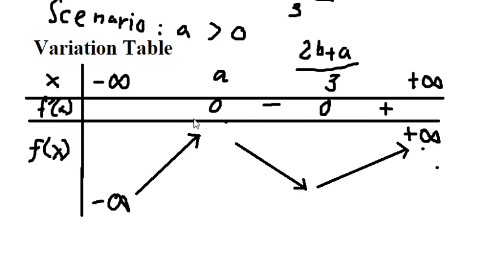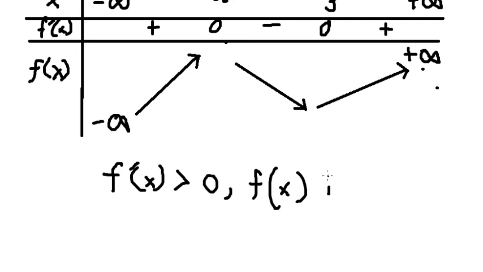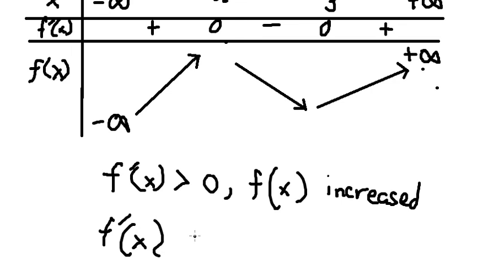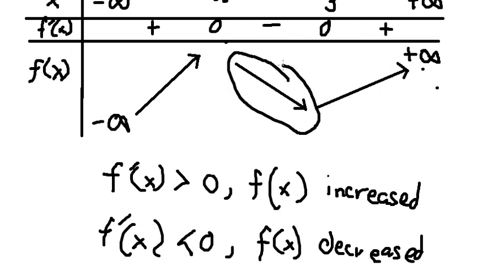This one, we have positive, because the derivative of the function is greater than number 0, so the function here should be increasing. When the derivative of the function is negative, the function here should be decreasing. So this one is positive, so the function increases. This one is negative, so the function decreases.